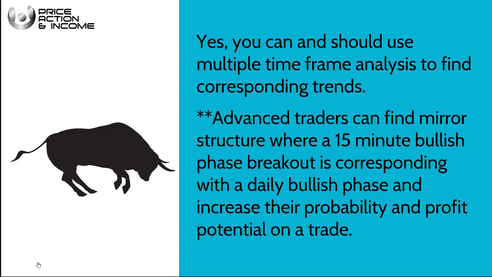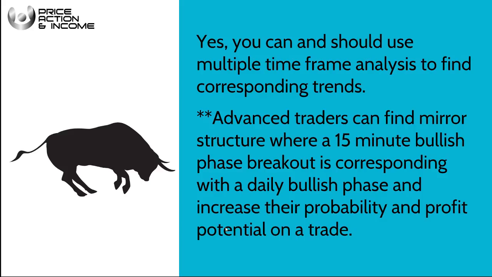So this is an action point here, guys, that I would really recommend you take a look at. You add a 15-minute and a daily, and you find a level or a structure, and that way you can target your entry to be precision on a larger trend. That's how you get a tight entry and a very large return on investment.